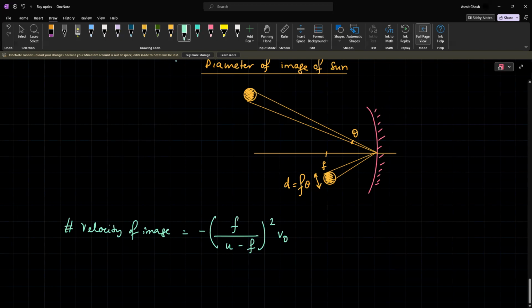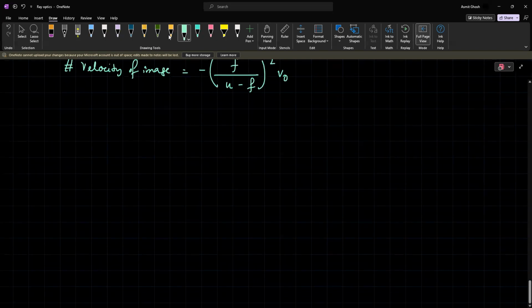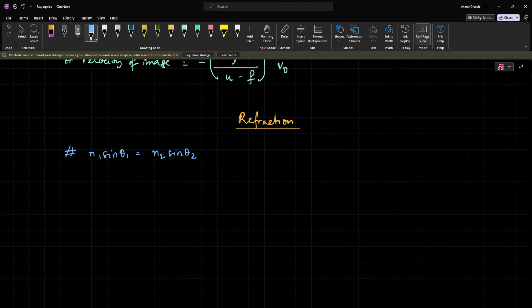Okay, now about refraction. I won't be dealing much with refraction. We all know Snell's law, which is n1 sine theta 1 is equal to n2 sine theta 2.